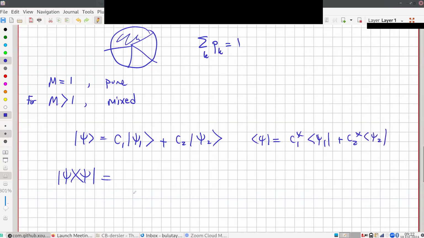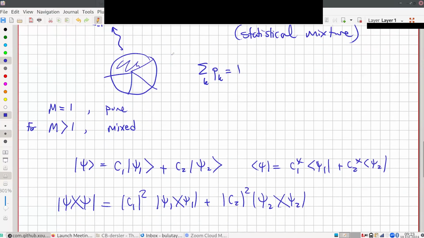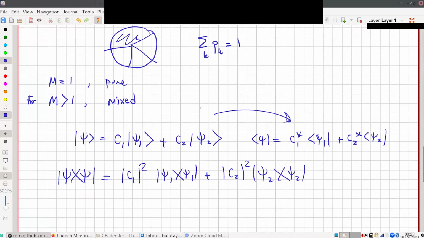psi 2. In that case, I will have mod C1 squared for this one, plus mod C2 squared for the other one. If these were the only terms, then I would get this statistical mixture. But thanks to these cross terms, when you multiply this out, you also have cross terms, which is twice the real part of C1 C2 star and one of these.